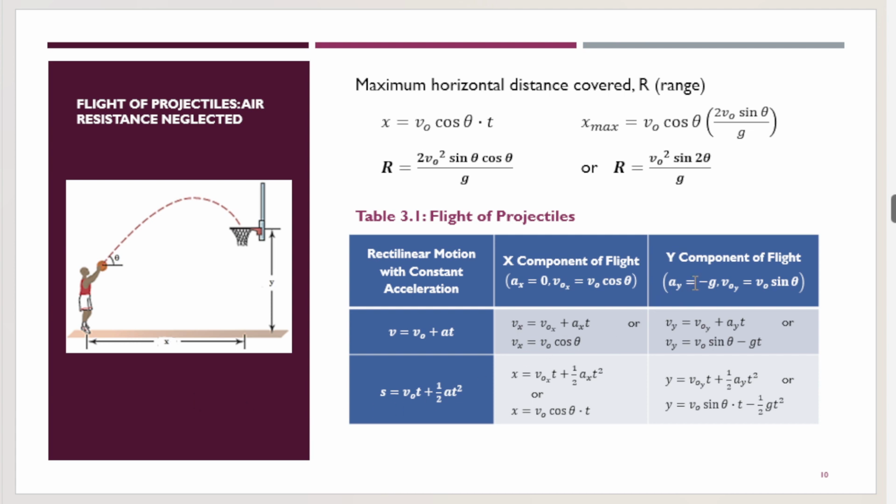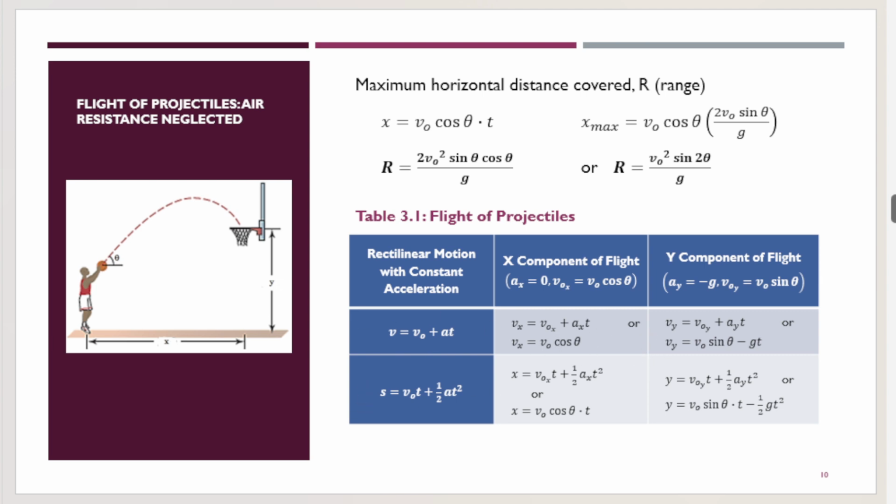So, this is the comparison ng ating mga rectilinear motion in line with your projectile. Itong table 3.1. Napapansin nyo, mukhang magkamukha, pero we have also to consider yung ating mga theta component. Okay? Kapag ganito yung kanyang application, lumalabas na parang nasisimplify natin.